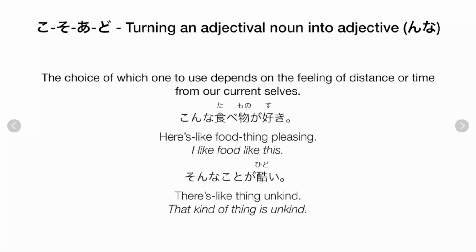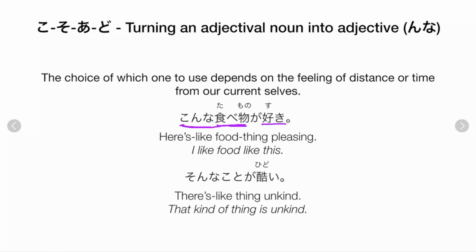And so whether you're going to use konna or sonna, or maybe even anna, is dependent on the distance, right? The metaphorical distance, in space or in time or space-time, from our current self. So konna is right here, right now, as I am. Konna tabemono ga suki.